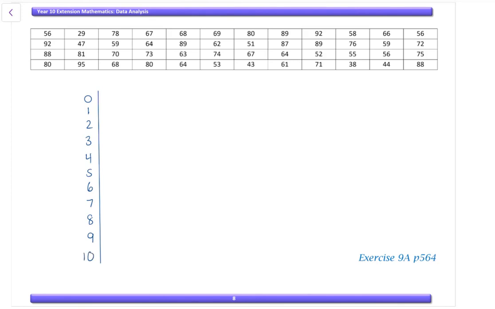We have to do individual data. So 56 would go there, 29 would go there, 78. And try and line up your columns of numbers so you can get that shape of the distribution. Okay, so you keep going.